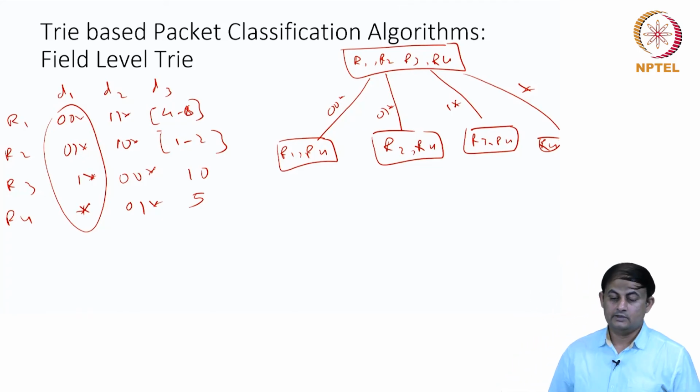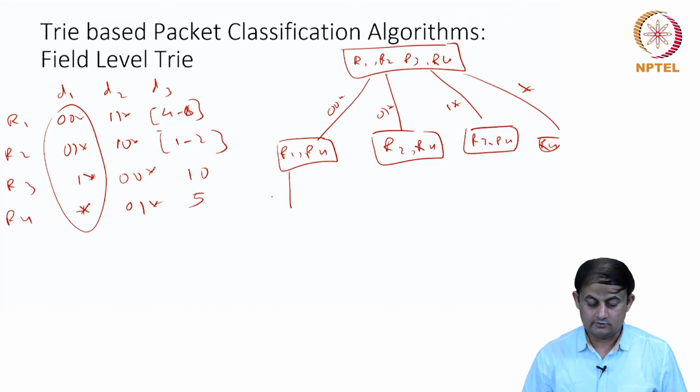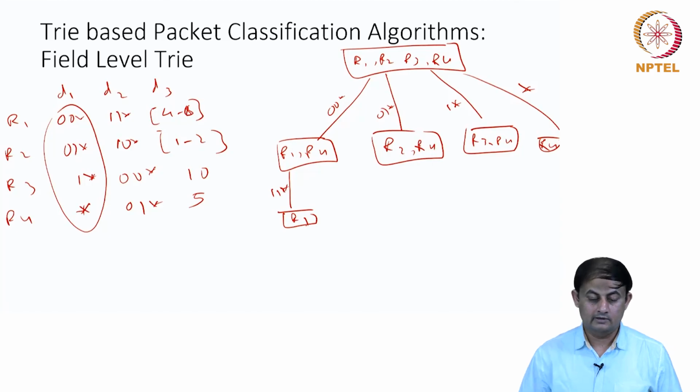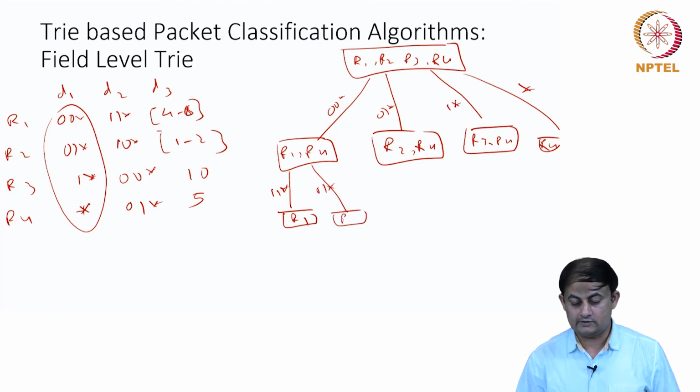That is the division. Now I keep doing the same thing that I was doing earlier. So again on 1 star, only R1 is applicable, but on the same 0 star prefix, if the input happens to be 0 star in the second dimension, then R4 is applicable.